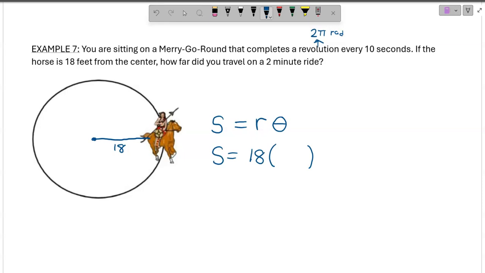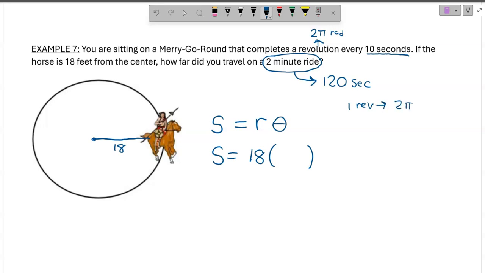We're doing this over the course of a 2-minute ride. Well, 2 minutes is equal to 120 seconds. Which means if I'm going 120 seconds around on this ride, and every 10 seconds I'm going 2 pi, well, this is a bit of a unit conversion. One revolution, as we mentioned, is equal to 2 pi.